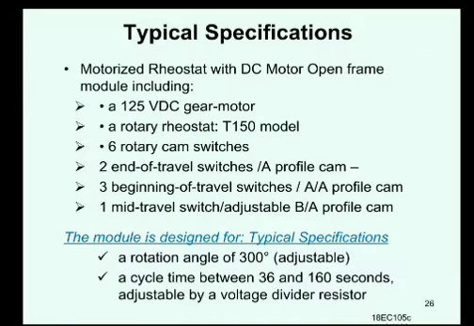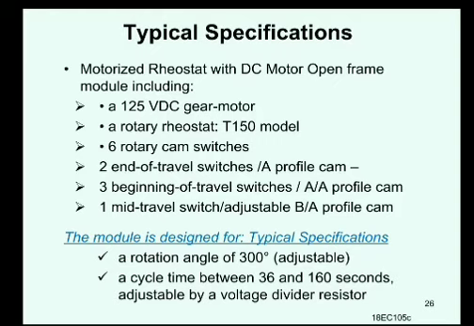And let us see the typical specifications of a motorized rheostat with a DC motor open frame module. That one includes a 125 voltage DC gear motor. Then you have a rotary rheostat within that. The model is mentioned over there, which is the T150 model.